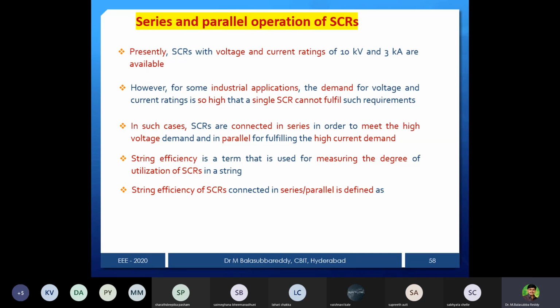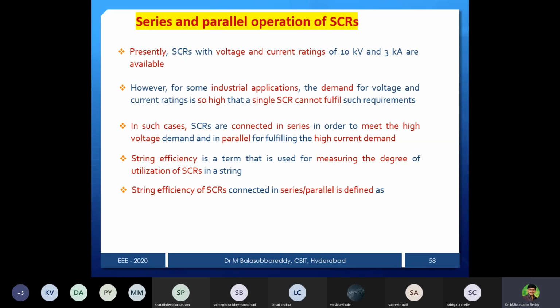When you want to discuss series operation, you use the voltage rating. And if you use parallel operation, the string efficiency formula uses current. But in the general formula, I will make use of voltage and current. Then it depends on your problem.